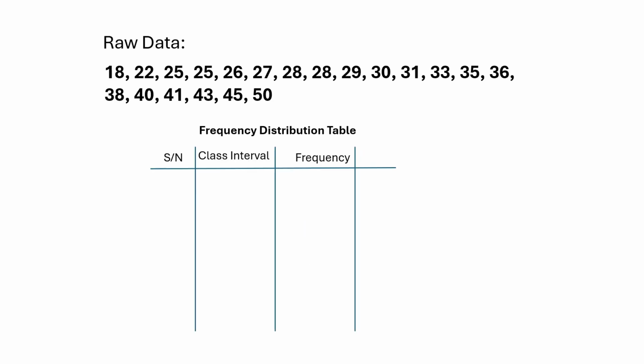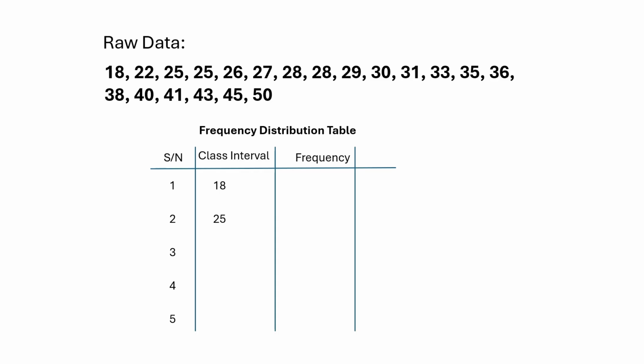Now, let's create the class intervals. We'll start with the minimum value, 18, as the lower limit of the first class. Then we keep adding the class width to get the lower limit of the next class. So the lower limit becomes 18. 18 plus 7 becomes 25.